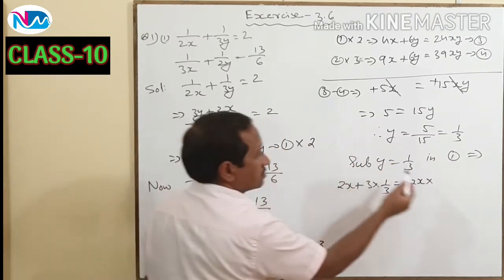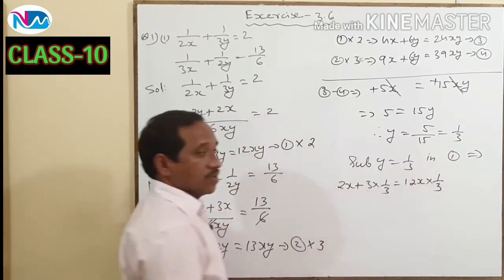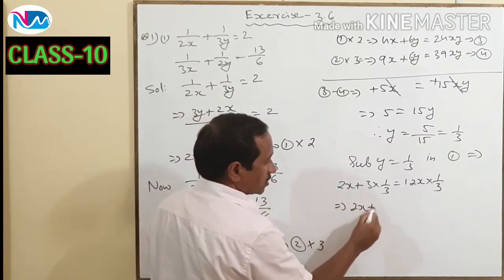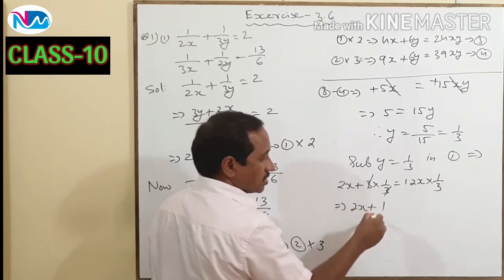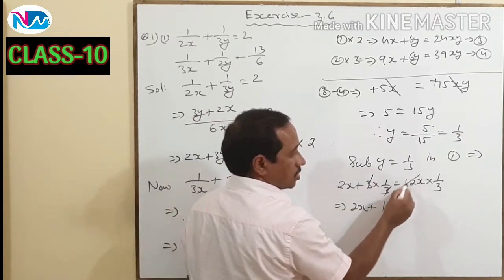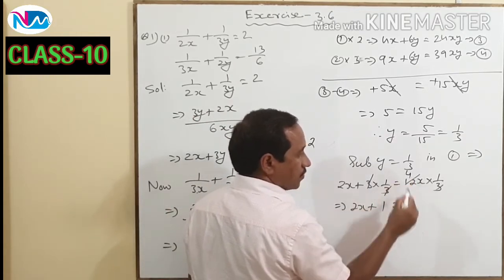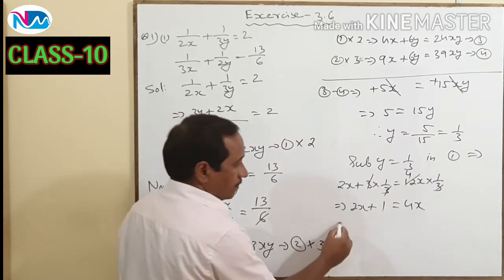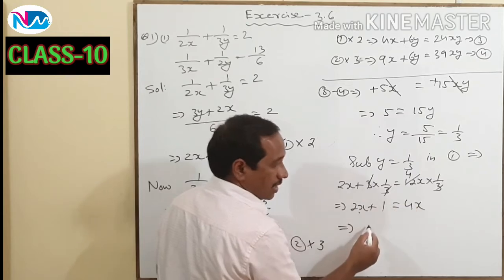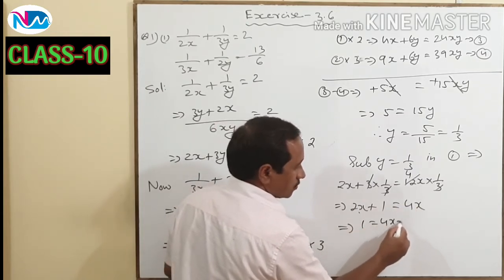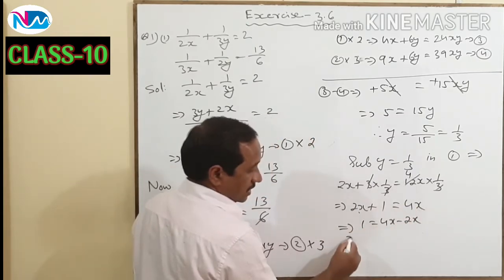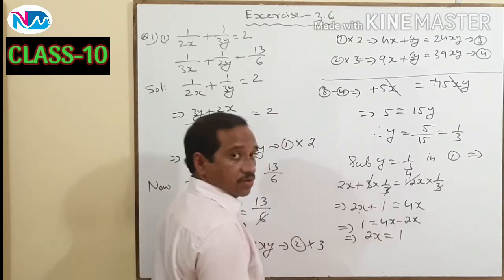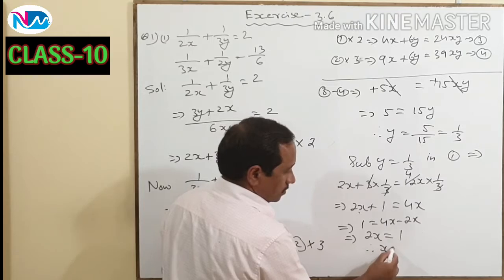Here also you have to substitute the value of y, that is 1 by 3, and as a result we get 2x plus 3 and 3 will be cancelled, 1, is equal to 12 and 3 get cancelled, 4, so in the RHS we have 4x. Now I take 2x to the RHS. 1 is equal to 4x minus 2x, that gives 2x is equal to 1.